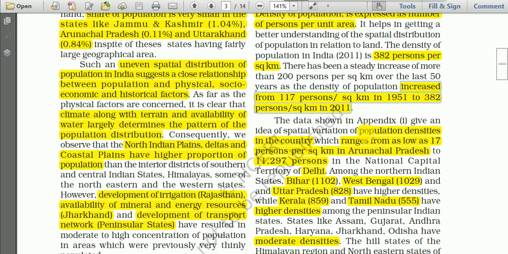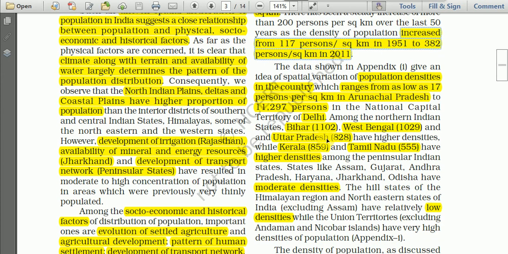That is, within 50 years there is an addition of 200 persons per square kilometer.